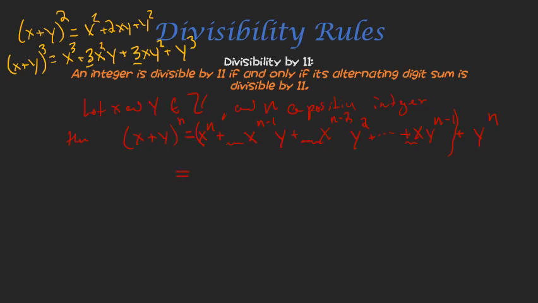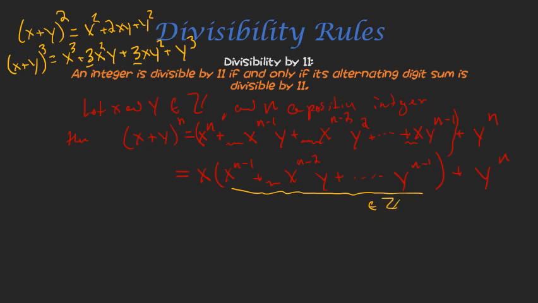So x times (x to the n minus 1 plus some constant times x to the n minus 2 times y plus, keep going, the last one would be y to the n minus 1). So I've pulled out an x of all those. I still have my y to the n over here. But the important thing here is that this is an integer, because x and y are both integers.